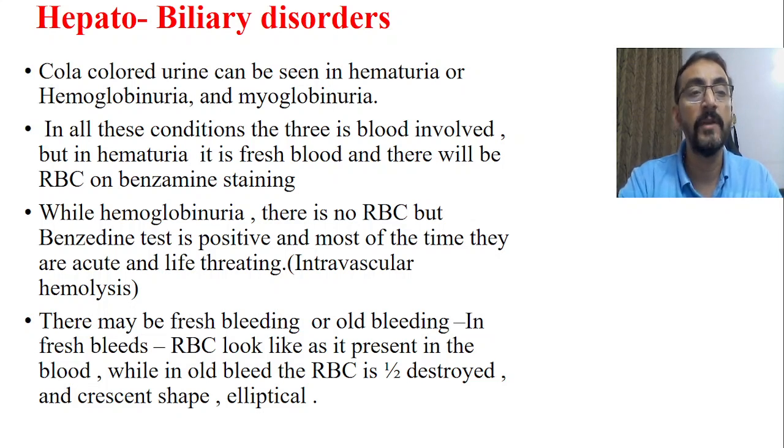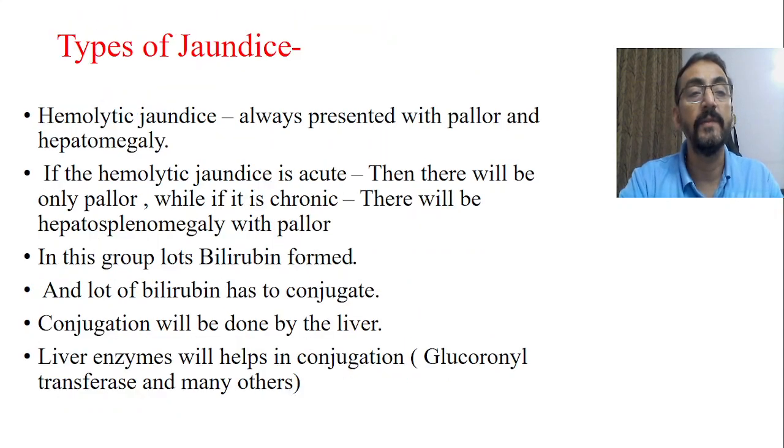Myo refers to muscles. In all these conditions, blood is involved. But in hematuria, it is fresh blood, and there will be RBCs on benzidine stain. That we will see later.